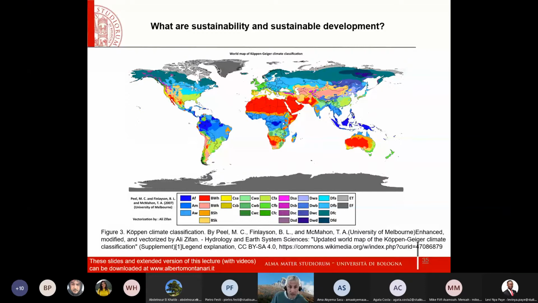And understanding this climate classification is important. Keep in mind that this climate classification is continuously changing, for both natural variability and human-induced anthropogenic climate change. And so, of course, if you have a shift in the dominant climates, then you get the necessity to adjust to it. And adjusting means political changes, means changes in the societal asset, which are not a problem if change is a long-term process.